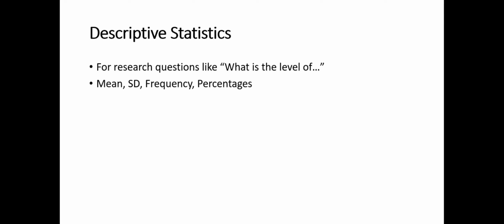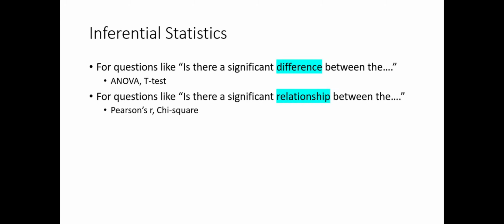We have mean, standard deviation, frequency, and percentage. On the other hand, inferential statistics are used for questions like, is there a significant difference between, for example, the level of knowledge of students when grouped according to age, sex, and civil status?